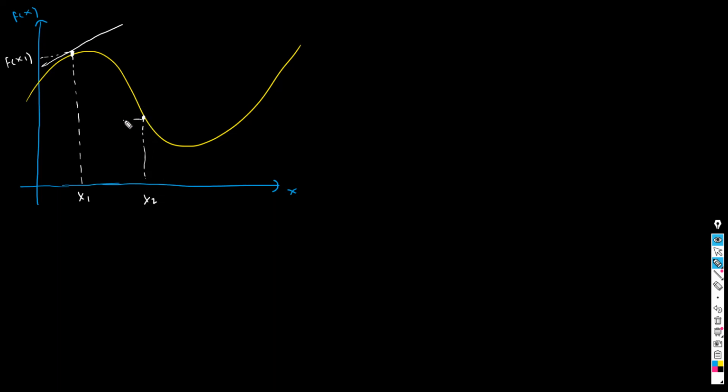x2 comma f of x2? You see this tangent that goes over here, which would look a little like so, more or less, or any other point. What if I want to calculate the slope of the tangent to this graph that goes through this point, x3 comma f of x3?